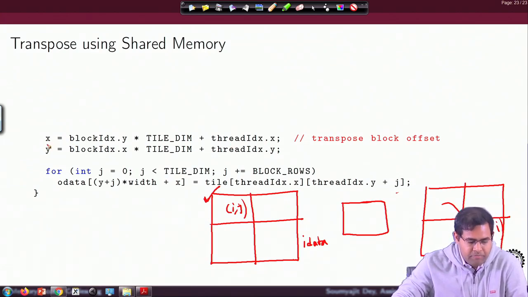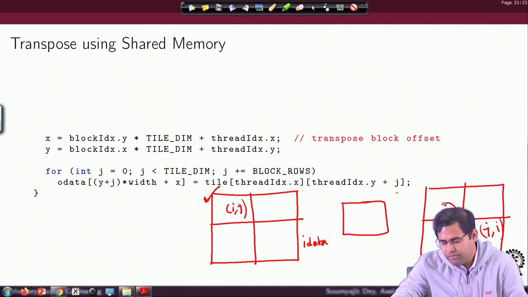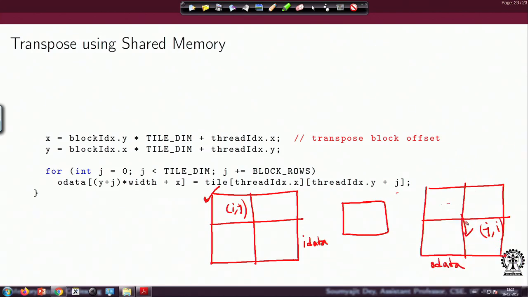Let us look at it very carefully. I am computing the new x and y values where this thread is going to write. The way it is computed is, x is now the original block y's position. If we try to understand this, this is the i comma j-th position, let us say.